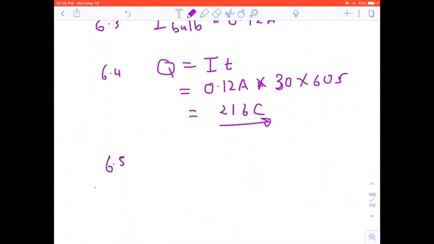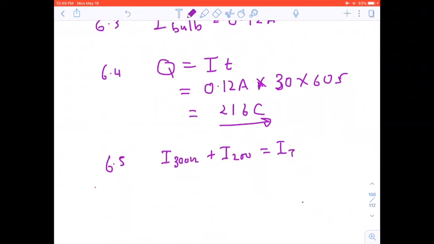So we say I in the 300 ohms plus I in the 200 ohms is equal to I total.